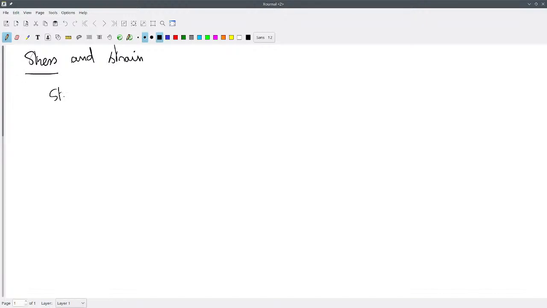So stress is going to be the force per unit area. And there are different kinds of stresses that we can apply to an object. We can have tensile stress.